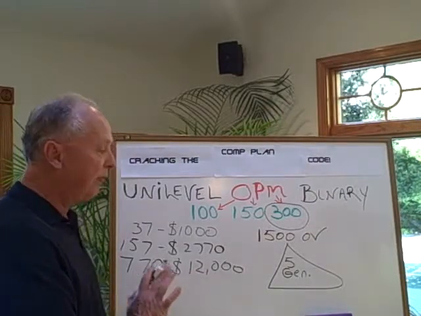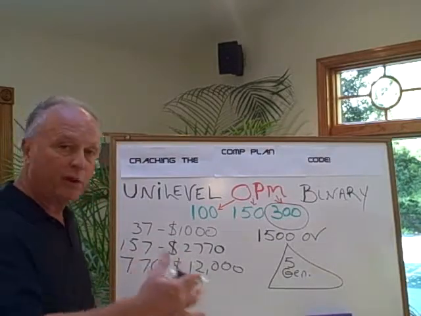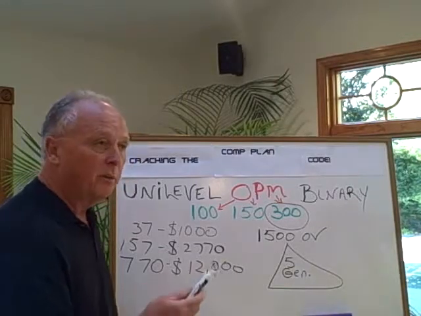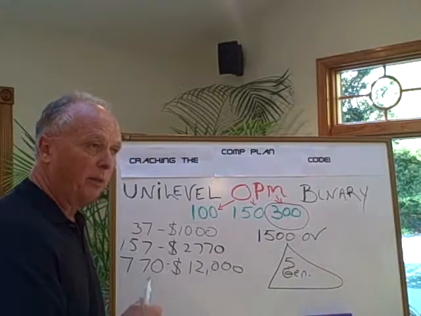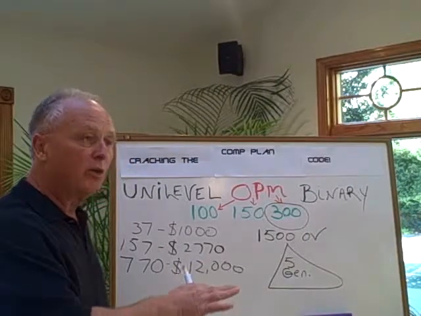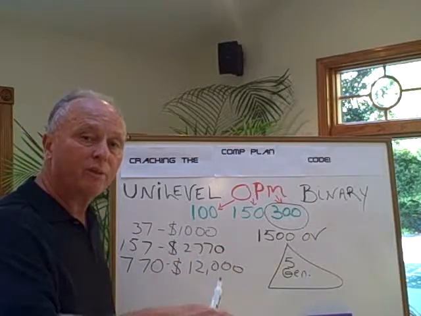Understand how infinitesimally small these numbers are, and let me give you a real life example from my own experience. I had built an organization earning between 40 and 45,000 per month, and that organization was about 20 to 25,000 people.